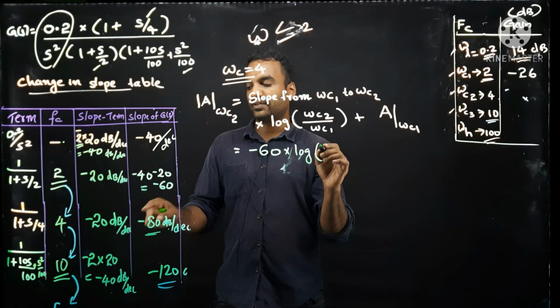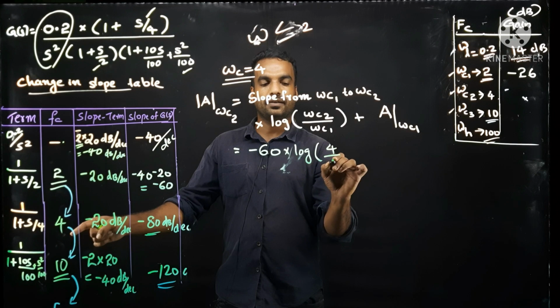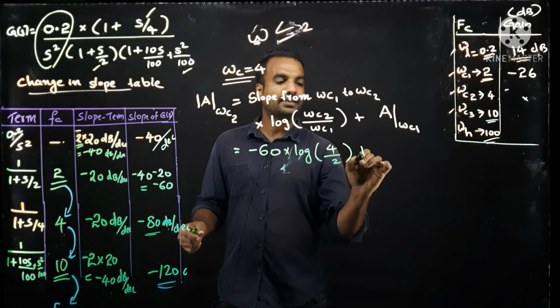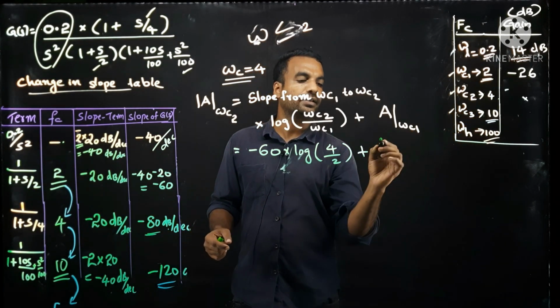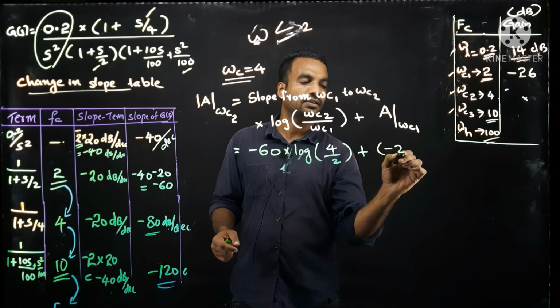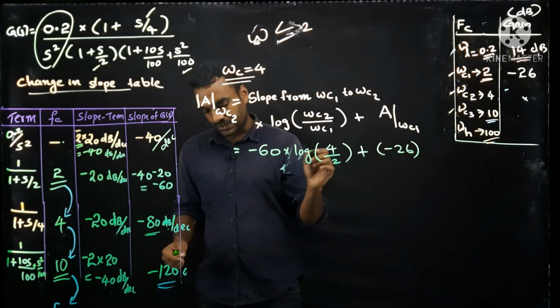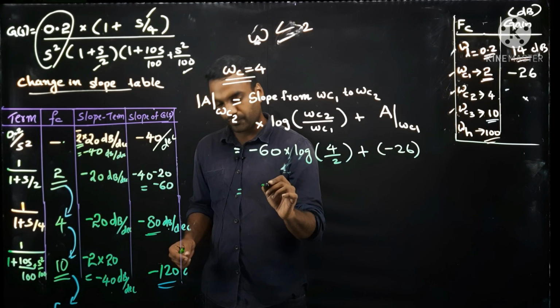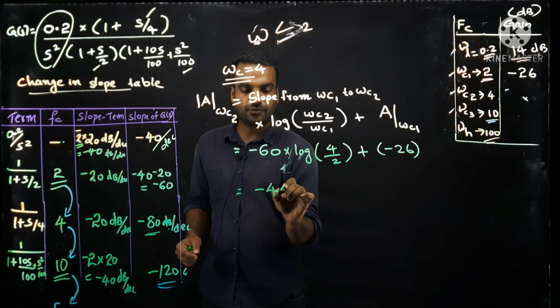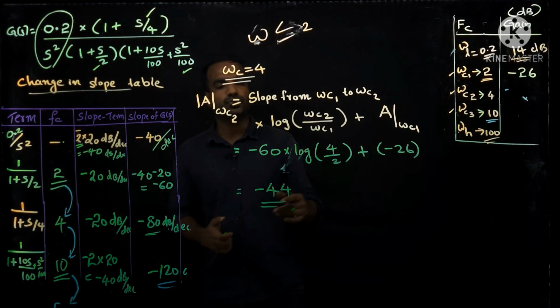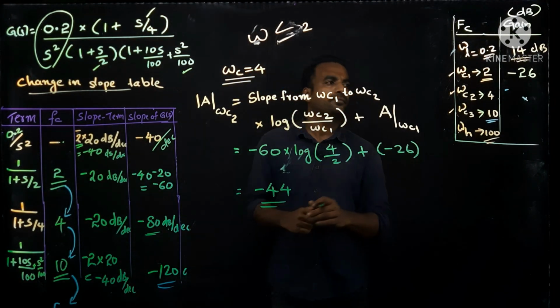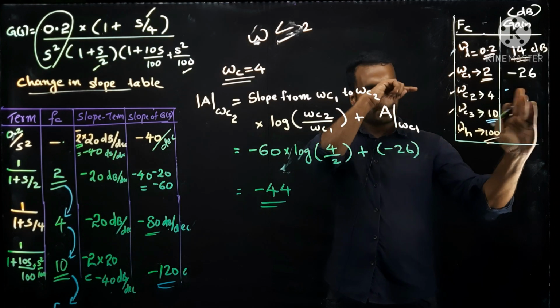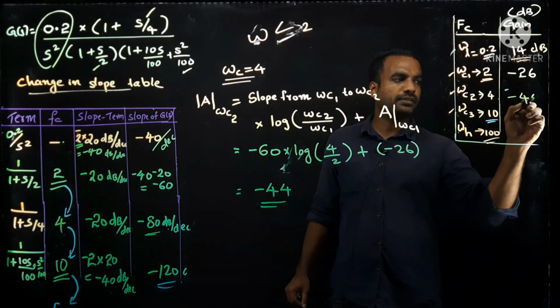Omega C2 by omega C1 means 4 by 2, plus gain at the last point, gain at omega C1, that is minus 26. So if you calculate this, you will get minus 44 as the answer. Please do it in the calculator. Okay, now it is very easy. I am marking minus 44 here.